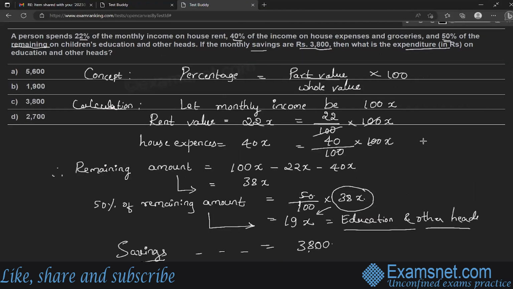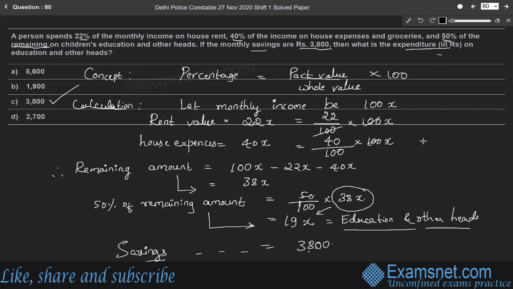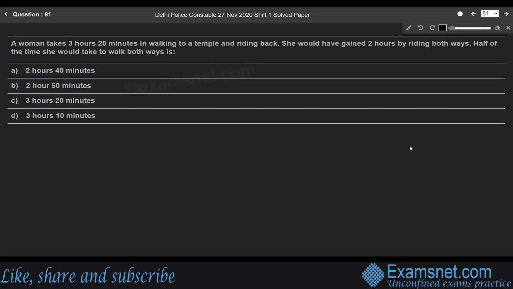So the question asked, what is the expenditure on education and other heads? That is 3800 rupees.